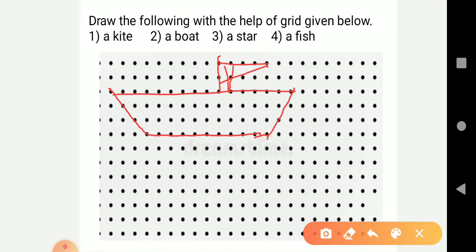I prepare this with the help of green line. Now my next shape is star. How to draw a star? Look at the picture.